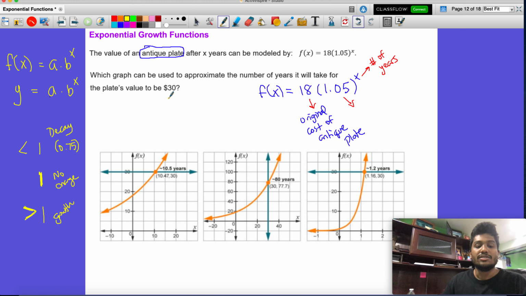The amount that you grow by is the difference between this number and 1. So if we have 1.05, the difference between 1.05 and 1 is 0.05. Now, how do you convert 0.05 to a percent?